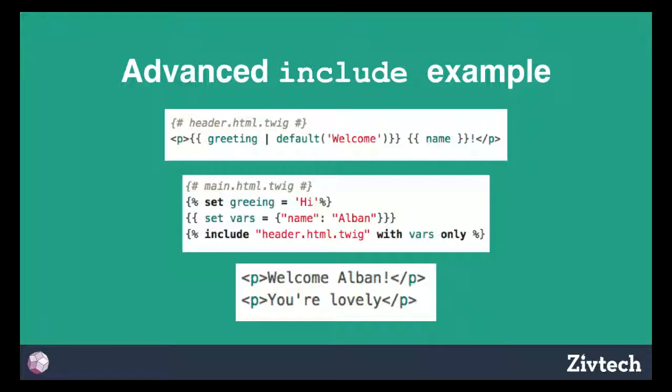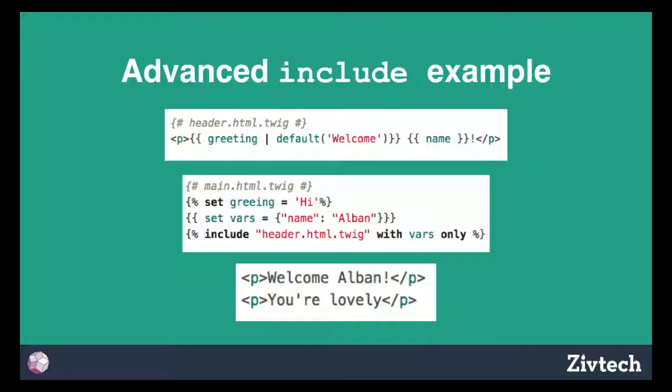So here, we'll set greeting to hi, set a new object called variables with the name of Alvin, and now when we include header.html.twig with vars only, you'll see it says welcome Alvin.